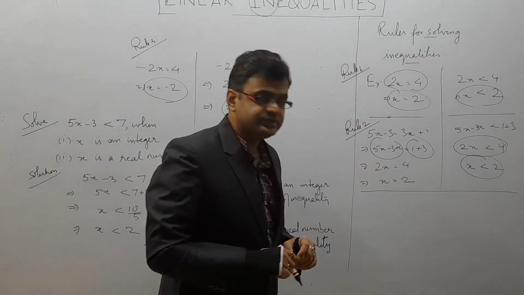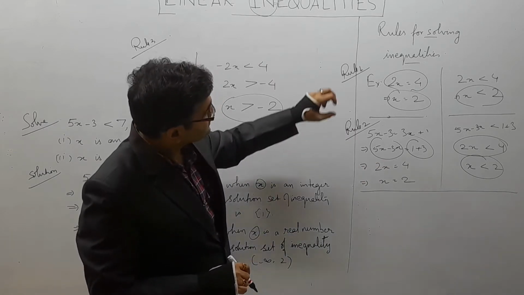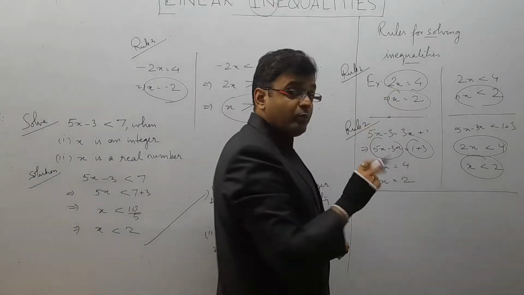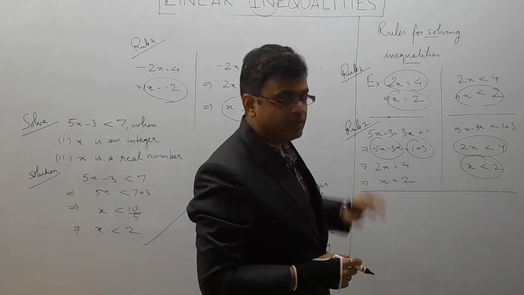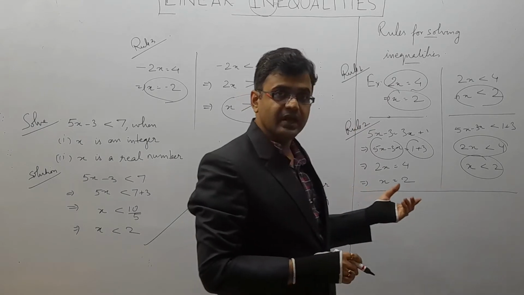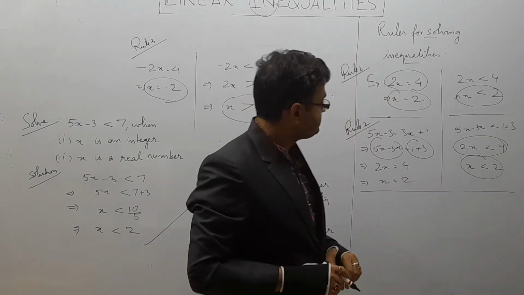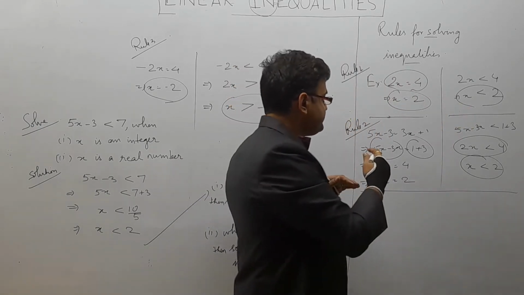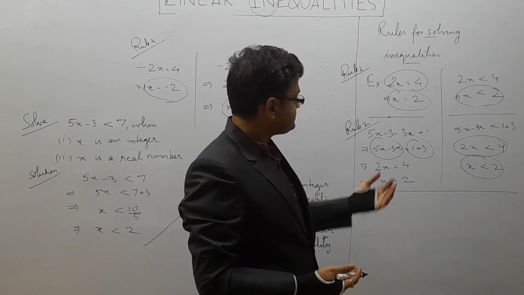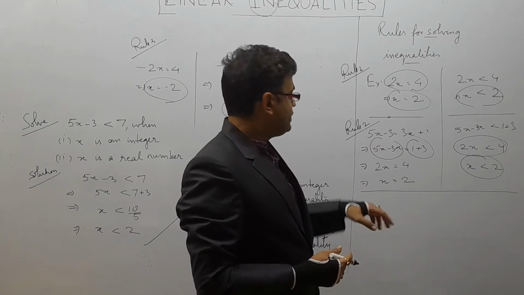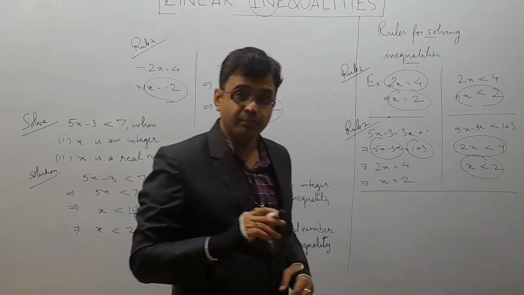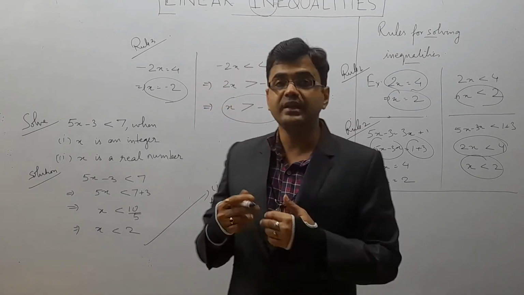In the first rules, we saw that if the same positive number is divided from both the sides, it doesn't change the equation and it doesn't change the inequality. And if the same numbers are added or subtracted on both the sides, it will not change either the equation or the inequality. But now we are talking about a negative number.